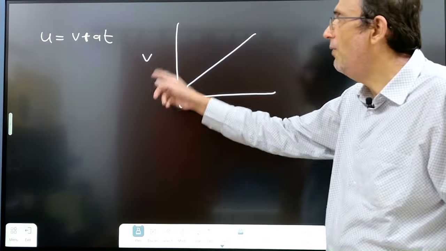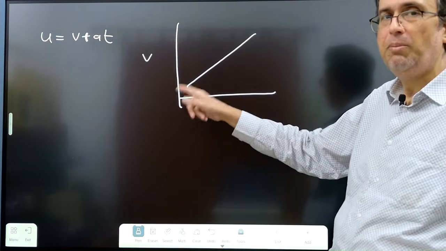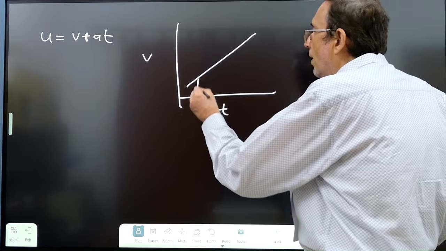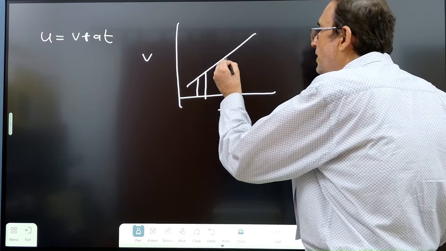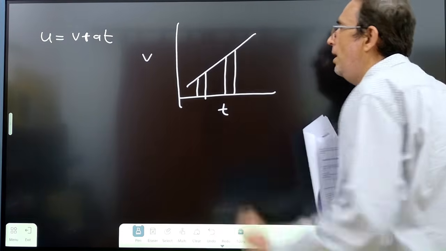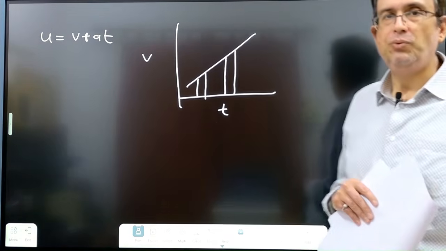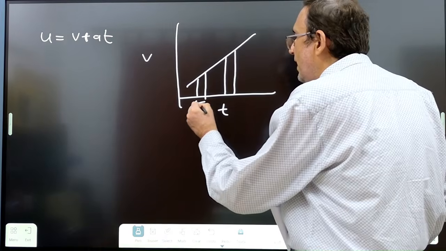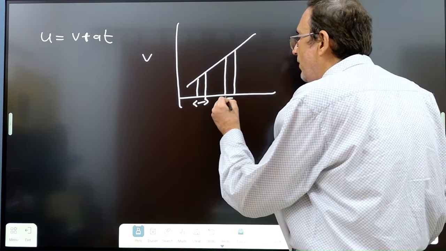So you can say why it is uniformly accelerated motion in this case, because in equal intervals of time, the velocity is changing by an equal value. So if this is the time here, there's an interval here, and there's an interval here.